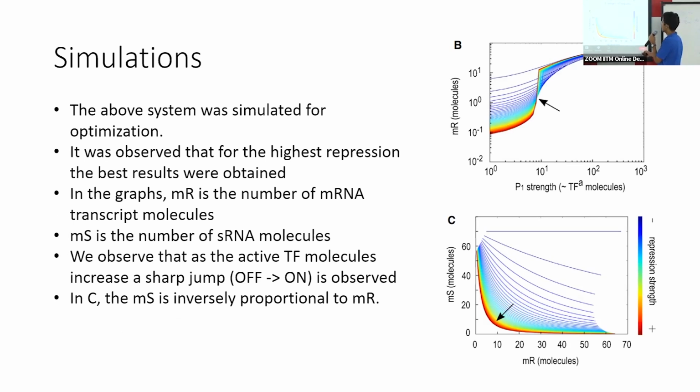Here the MS represents the number of sRNA molecules, and the MR is the mRNA that is produced due to the transcription of the repressor and gene of interest. Clearly, the MS is inversely proportional to the MR, and over here we see that this P1, which is the strength of the promoter and also the same as the amount of transcription factor molecules produced, beyond a certain point there's a sudden jump in the amount of MR produced, which also goes to show that there's a sharp off and on that is observed.